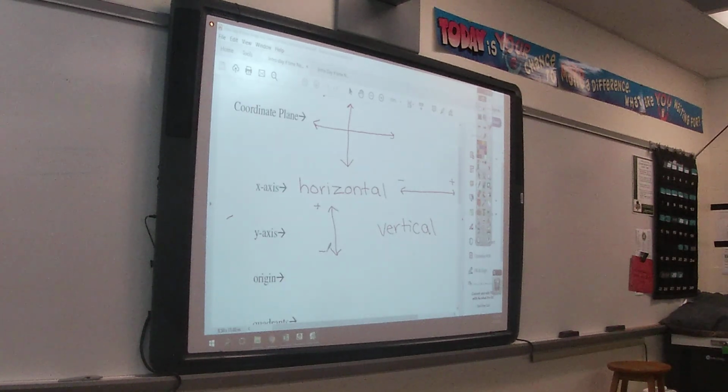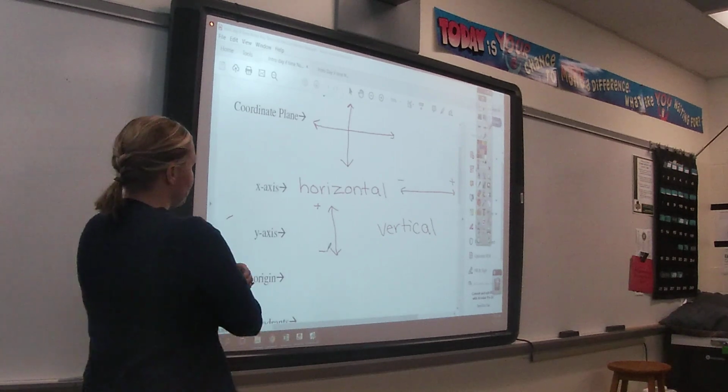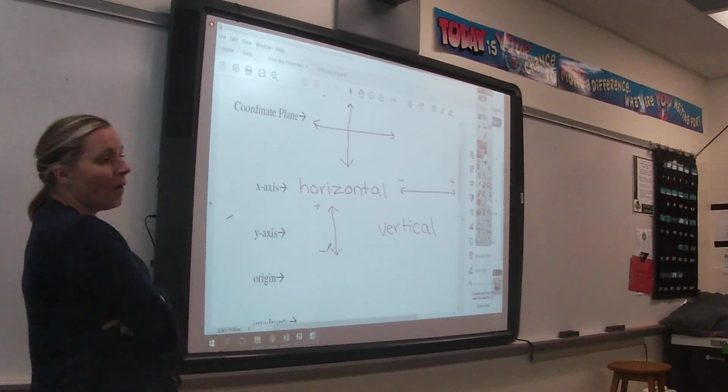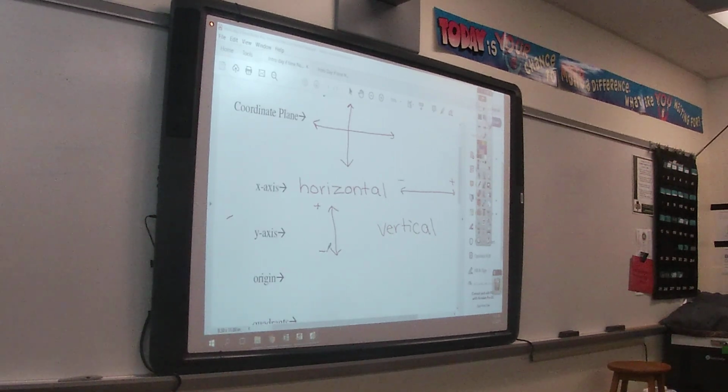So going up is positive, going down is negative. One of the things that I've learned with my students is that they don't know which is the x and which is the y. So my suggestion is that whenever you get a coordinate plane, you are labeling your x and y axis. You will need to know them for more than just plotting a point.